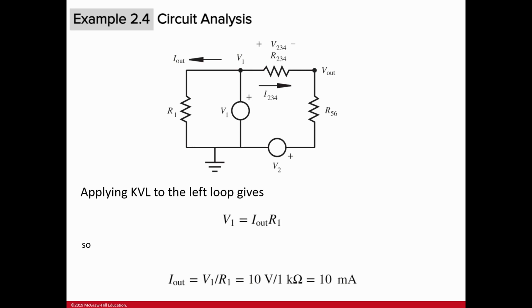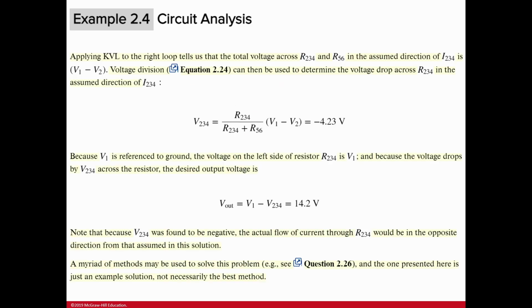If we got V234, how do we get V out? V out is actually V1 minus V234. So we want to get the voltage division of this resistor, so we put R234 in the numerator. This is the equivalent resistance of R234 and R56.